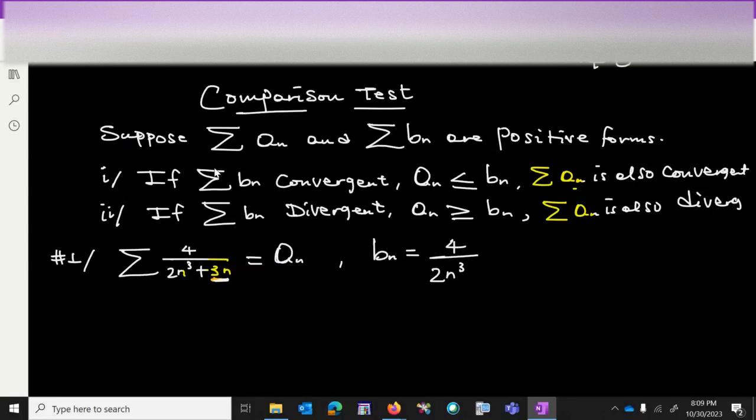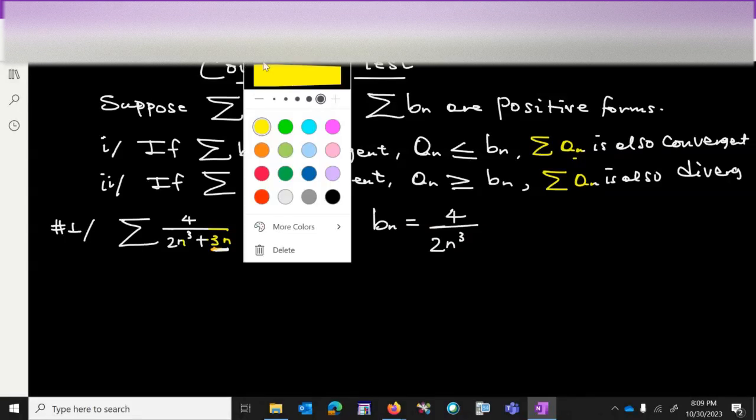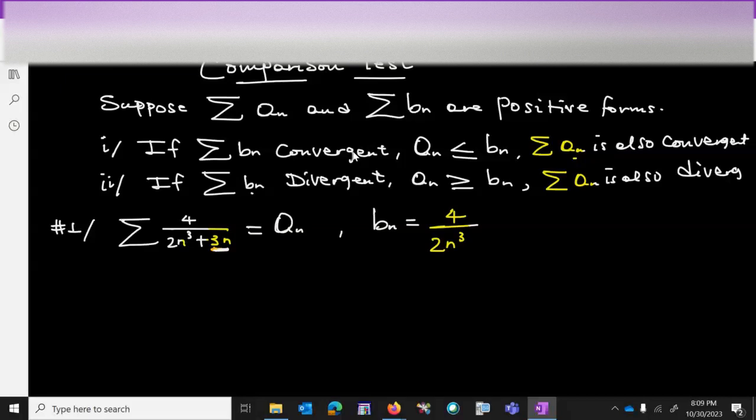Once I have this, the other important thing to know is that when I extract my b sub n from a sub n, b sub n is known to be convergent or divergent easily. So this is what we have to think about most of the time.